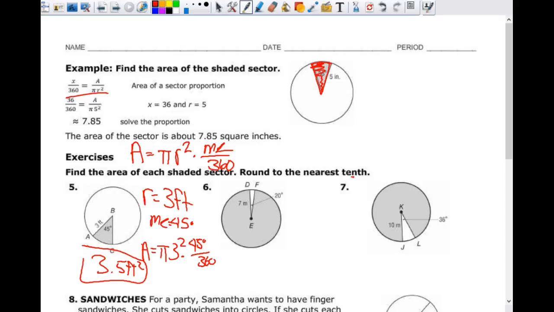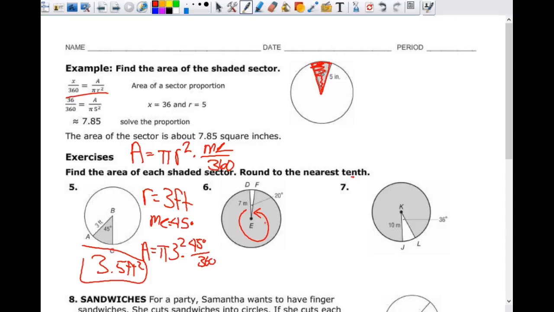All right. Let's figure out this one. We have to figure out what all of this is. All that angle. Do you think that angle is 20 degrees? No. Of course not. The small part's 20 degrees. You are 100% correct.